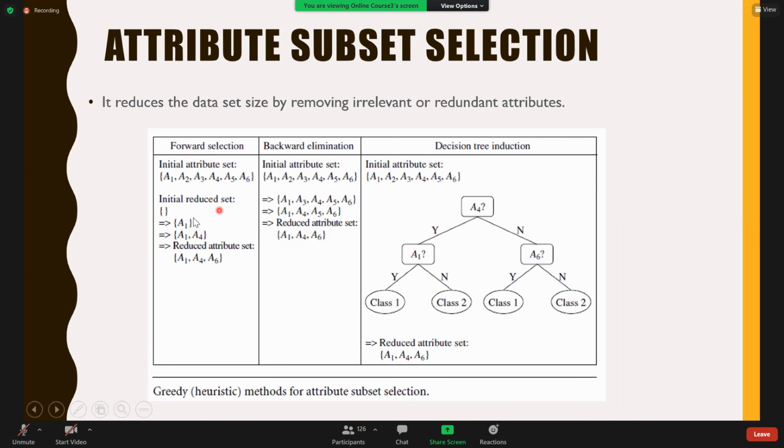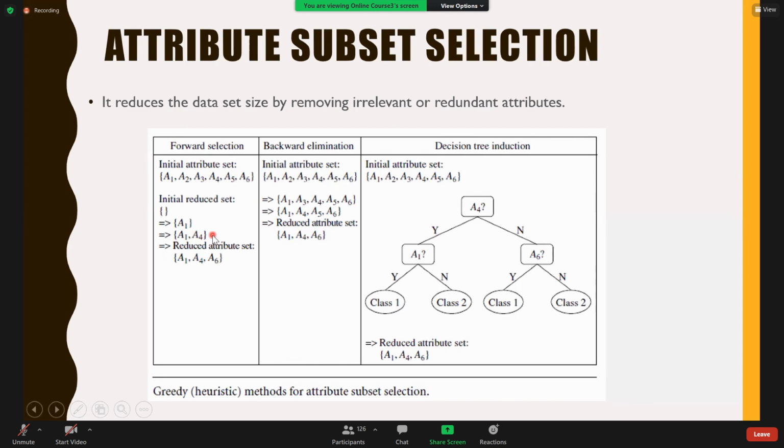Here, among A1 to A6, A1 is found as the best attribute and it is included in the output attribute set, which is called the reduced set. In the next step, among the attributes A2 to A6, A4 is found as the best one and it is included: A1, A4.